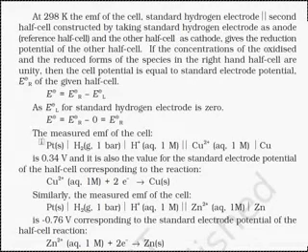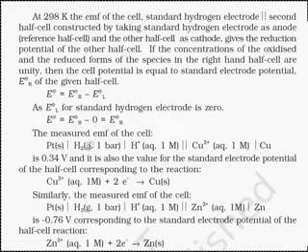Now the cell representation of the hydrogen half cell with copper, that is when hydrogen is acting as an anode and copper is acting as a cathode, can be shown like this. Platinum, that is Pt solid, vertical line H2.